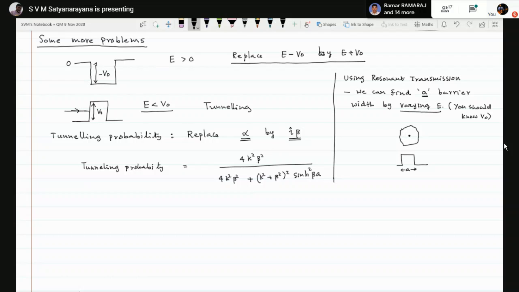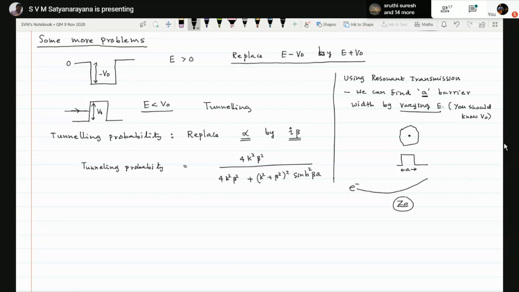So from one experiment, you can find out A. For example, in trying to find the size of the nucleus, let's say you have a nucleus here with this much of charge. Then you have an electron, and the electron is sent, and then it scatters.